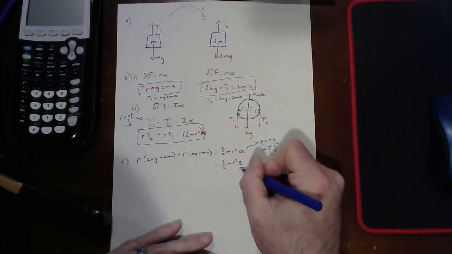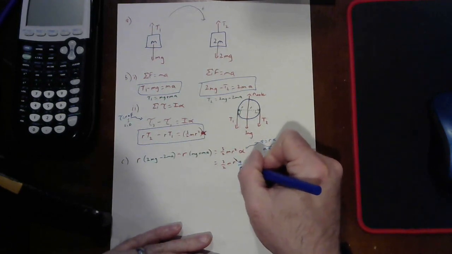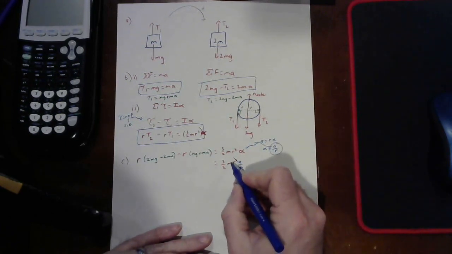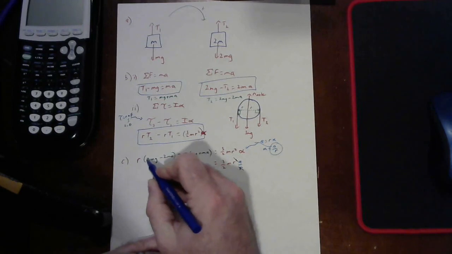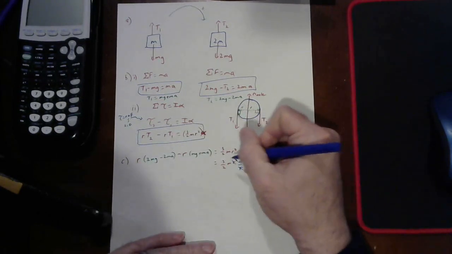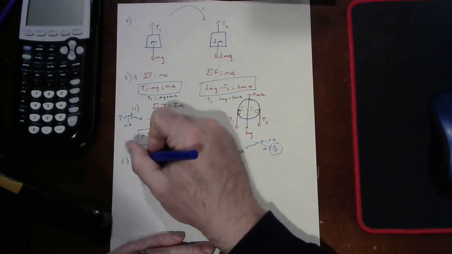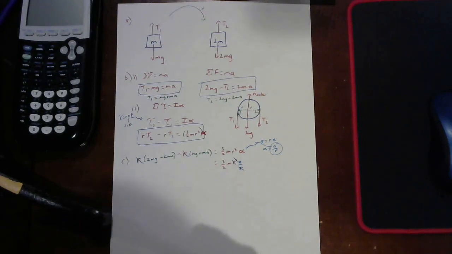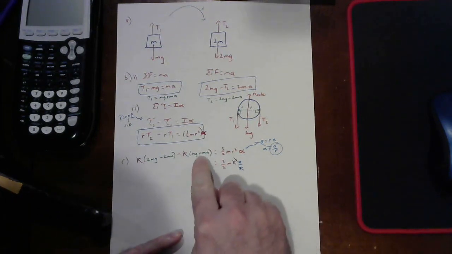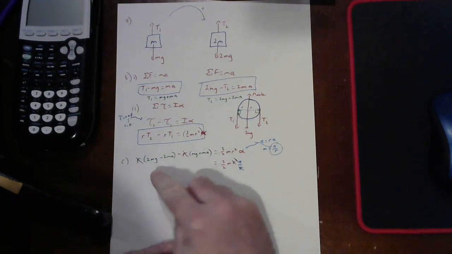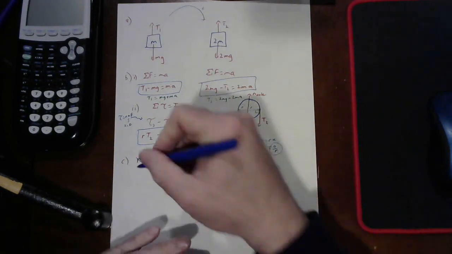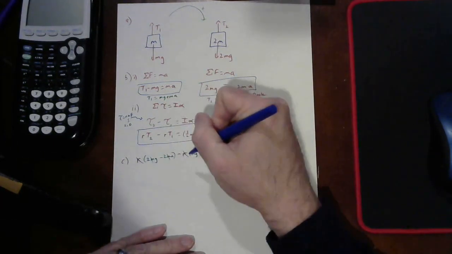You know that this r down here is going to cancel one of those r's in that r squared. Now there's an r in this term, an r multiplying this term, and an r multiplying, so I can divide through by r. All the r's go away. Awesome. Okay. I can see there's an m in this term, an m in this term, this term, this term, this term. All the m's drop out. Sweet.